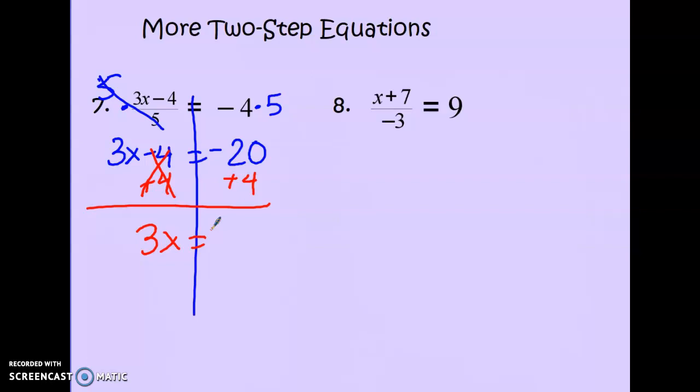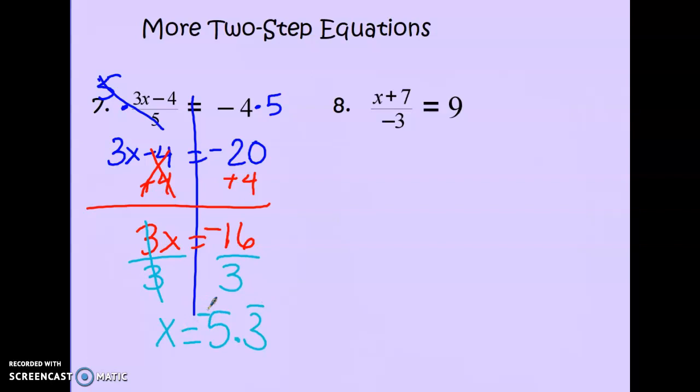I've got to actually subtract and keep the sign of the larger number. I subtract, I get 16, and it is negative because 20 is higher. Okay, so next step, I have to divide both sides by 3, which is going to leave me 16 divided by 3. That is going to be 5 1/3 or 5.3 repeating. And it is negative because I have a negative and a positive number.